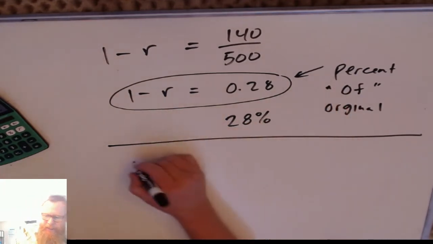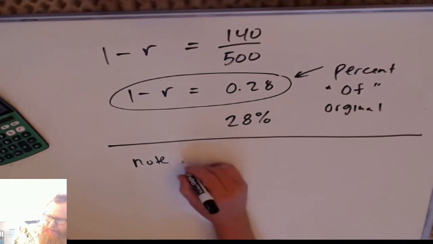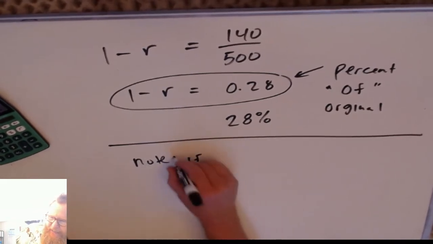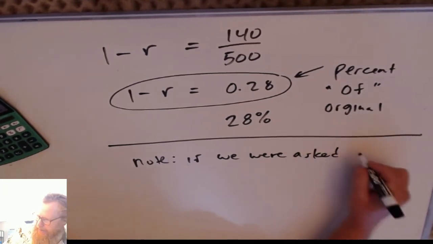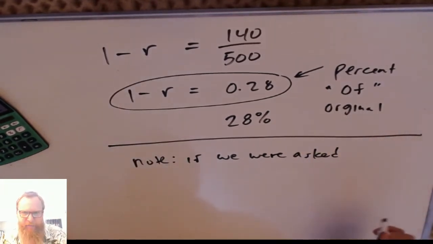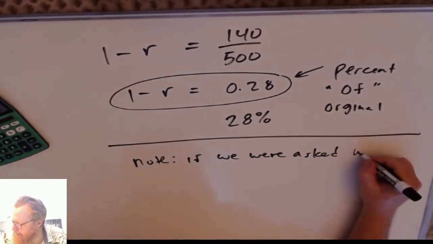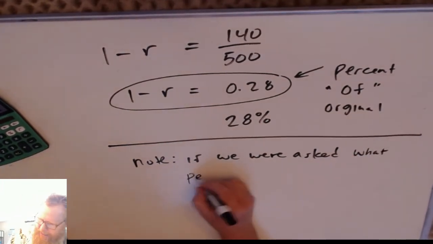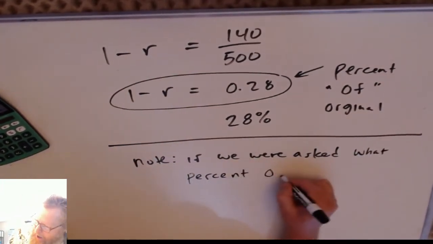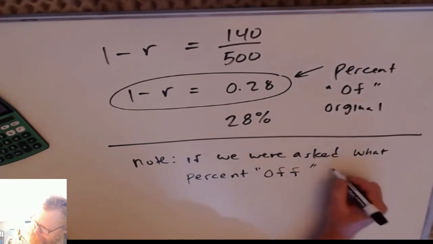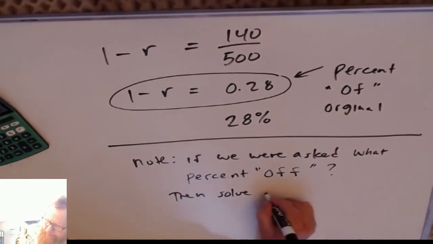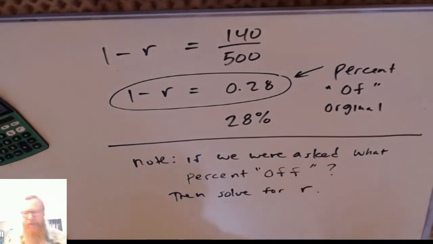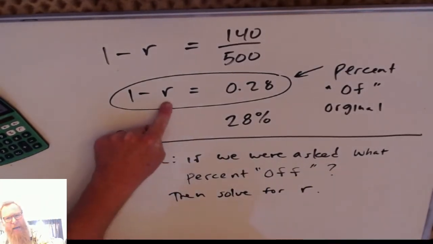All right. So note, if we were asked, which I will probably ask, I'm just giving you kind of a fair warning here, if we were asked what percent off, then you would solve for R. In other words, get R all by itself.